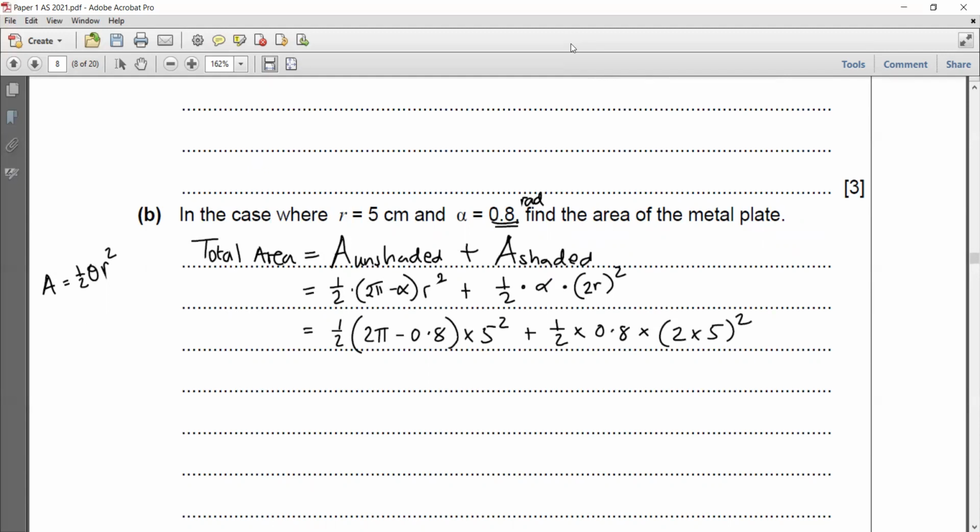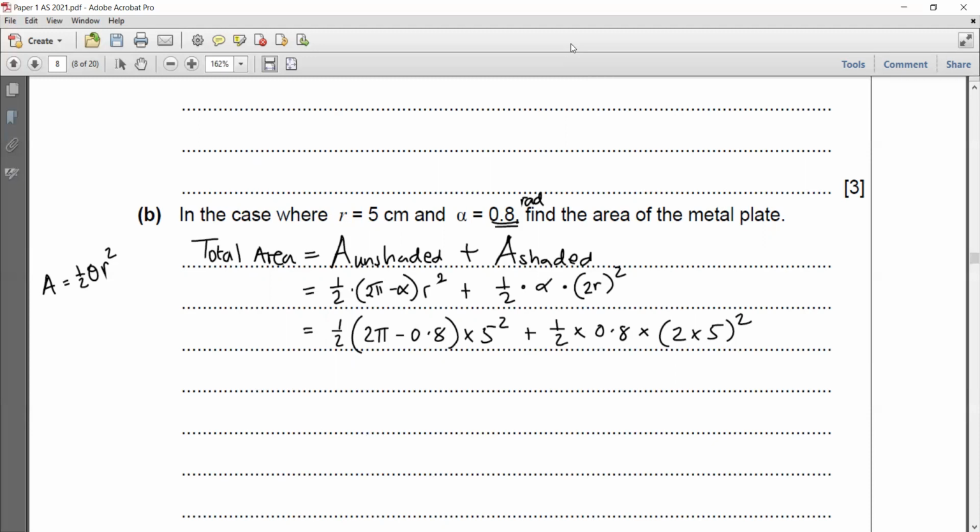Okay, half times 2 pi minus 0.8 times 5 squared plus a half times 0.8 times 2 times 5.